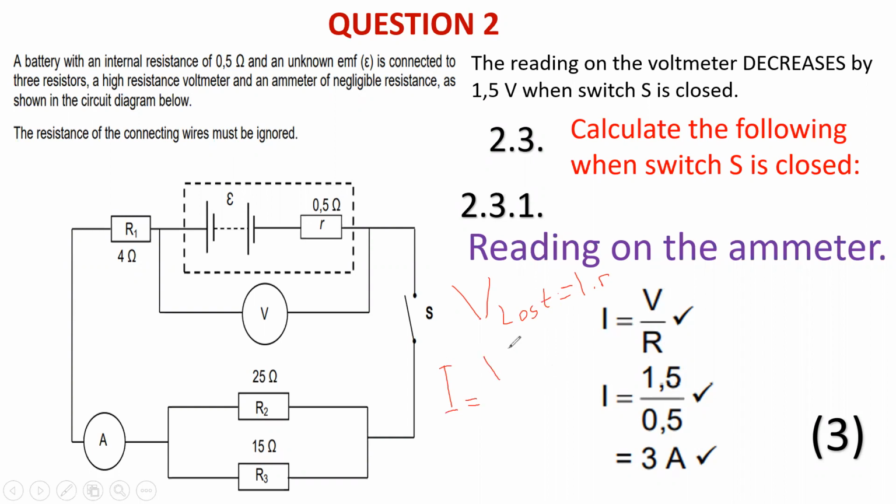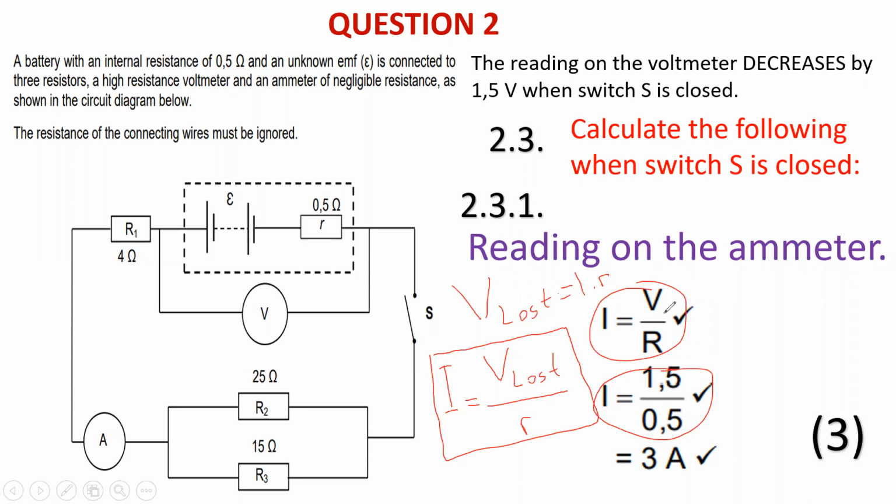Current is equal to V lost over small r. All right. So when you check the memo, they're just giving it like this. But please remember, you are using V lost for voltage and then internal resistance for R. So that's our answer.